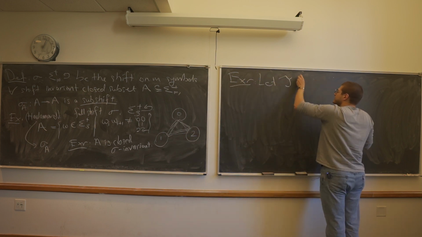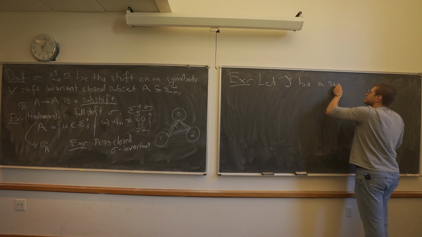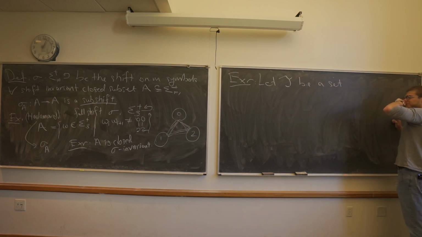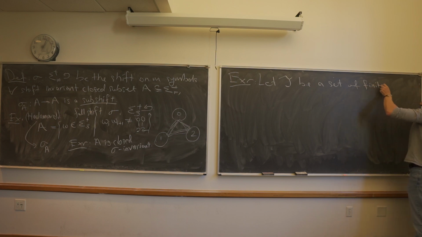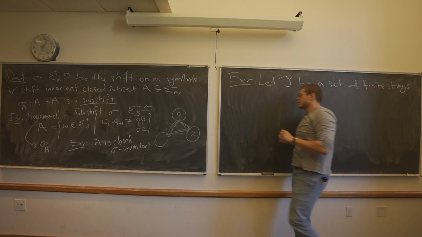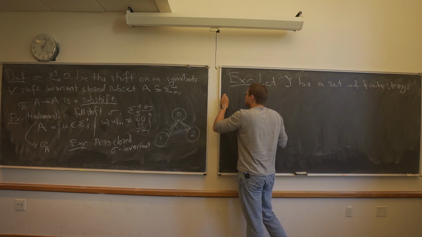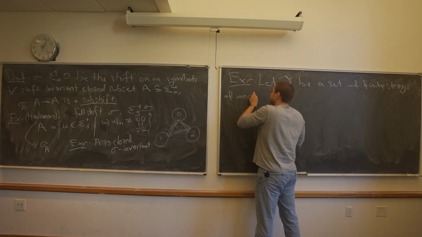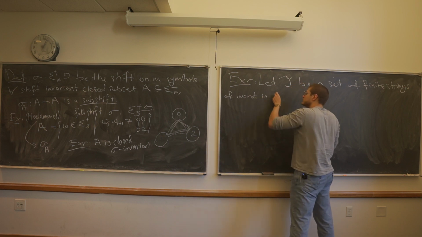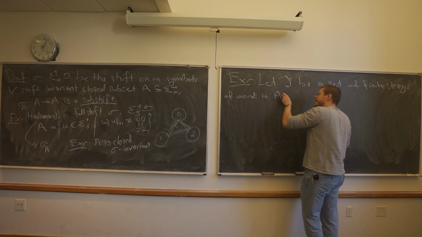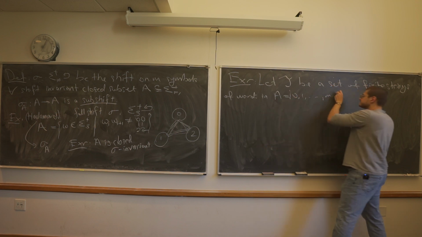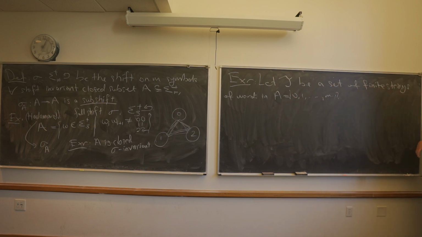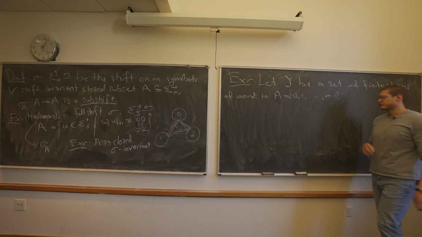Let tau, or T, be a set of finite strings of words in the alphabet A, which is 0, 1, all the way up to m minus 1. So this tau, or T, is going to be the set of taboo words.